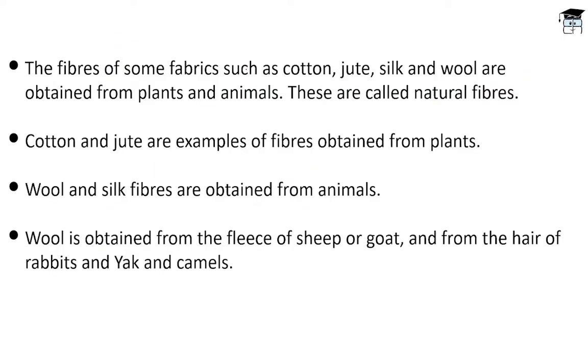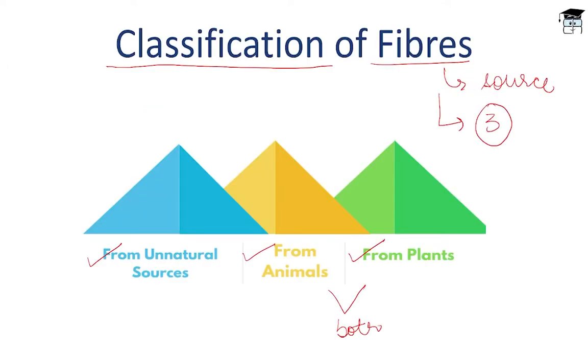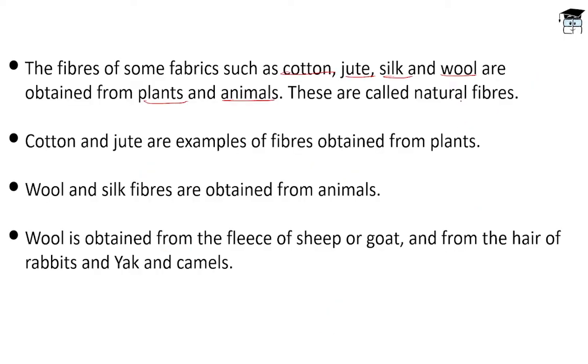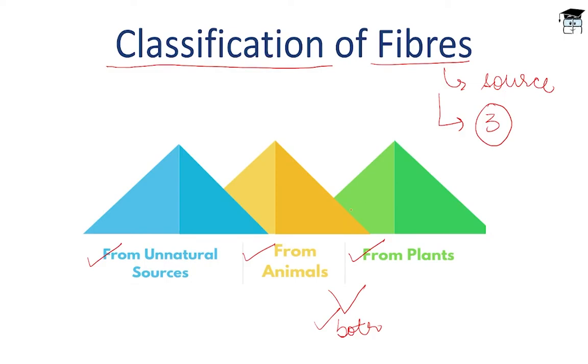The fibers of some fabrics such as cotton, jute, silk and wool are obtained from plants and animals. So that means that they are referring to what category here? What classification? This classification, right? These are called natural fibers. So now we know that the fibers extracted from both plants and animals are known as natural fibers.